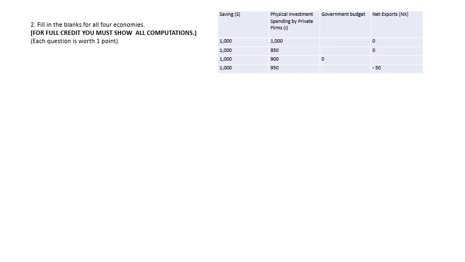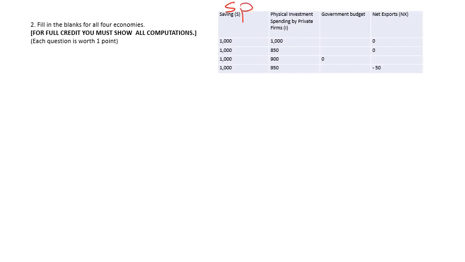For question 2, you were given a whole bunch of numbers contained in 4 columns. Let's do this in red first. This first column, that's SP.